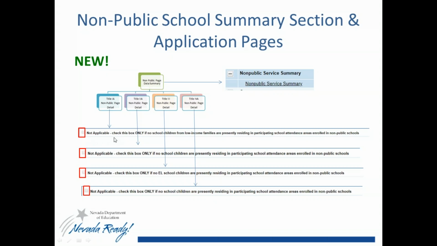You should only check this box if no school children that are served by that grant are presently residing in participating school attendance areas enrolled in non-public schools, or if non-public schools are denying services as equitable services. But what if your district has one or more grants that support equitable services for non-public schools as identified through the consultation process? Let's take a look at that.